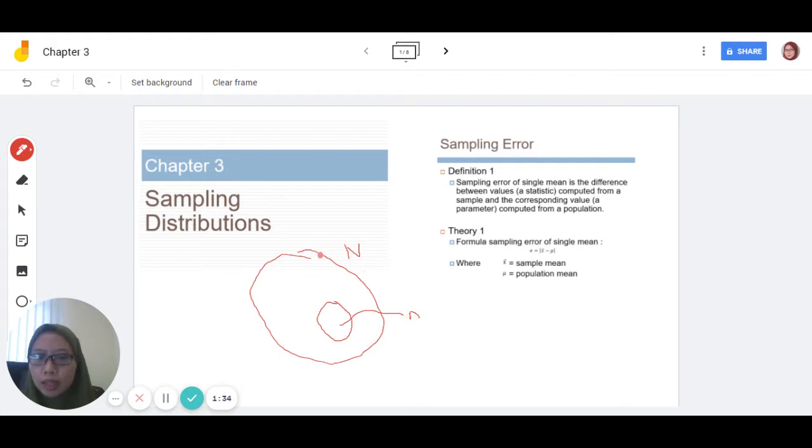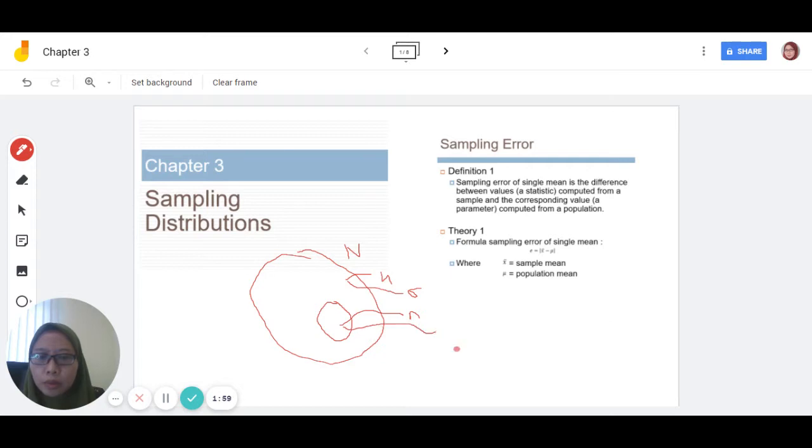Out of this population, we can also find the mean and the variance of the population. Normally we denote the mean as nu and the variance as sigma. For the sample, we can also find the mean and the variance.